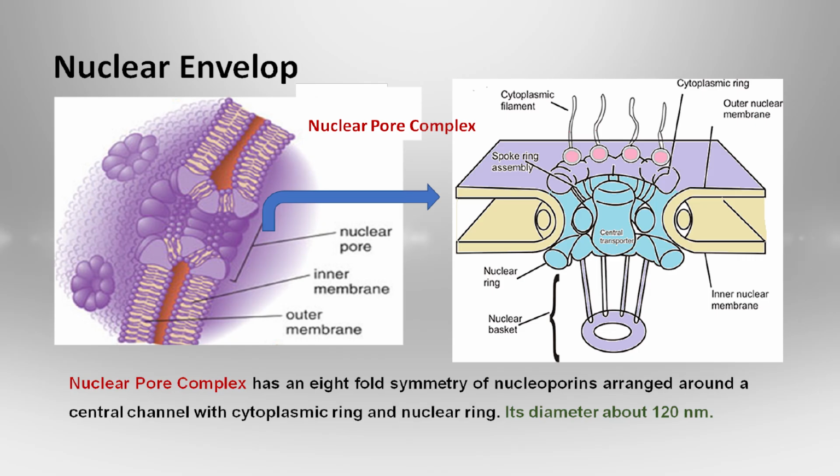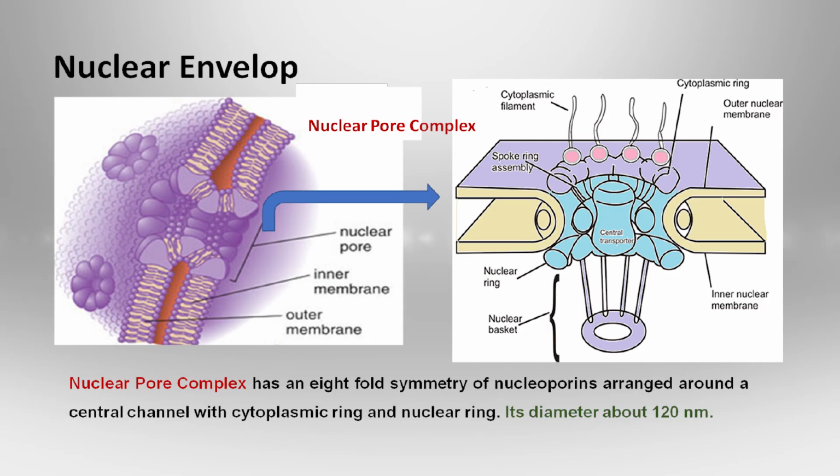Both membranes are continuous and fuse at specific areas, which form the protein channel. This protein channel is called the nuclear pore. The nuclear pore complex helps the movement of proteins and other molecules in and out of the nucleus. Nuclear proteins can move to the cytoplasm, and cytoplasmic proteins can move into the nucleus.